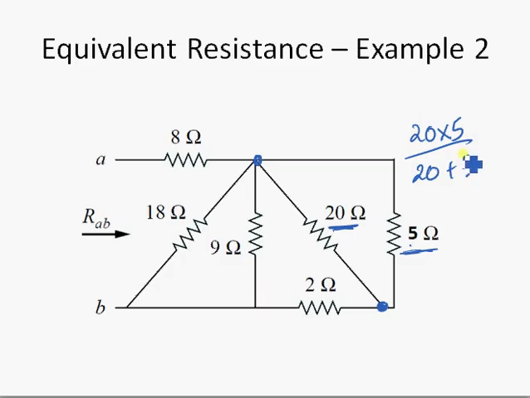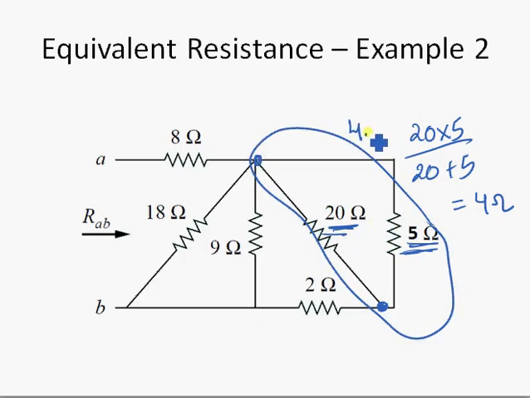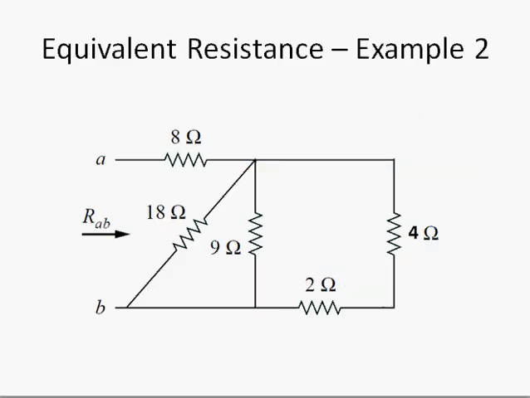So instead of these two resistors, we can put a 4 ohm resistor there. Then we have a 2 ohm resistor and this 4 ohm resistor, and we can combine them to form a 6 ohm resistor because those are in series.